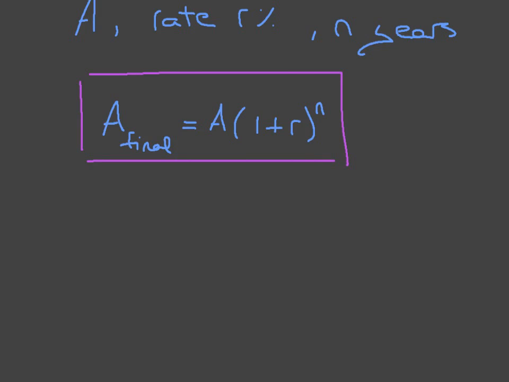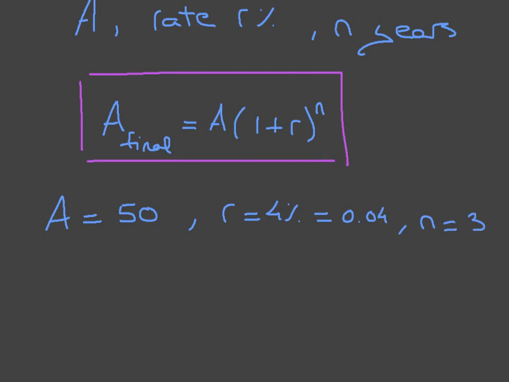We saw that Clara invested $50, so our initial amount A would be equal to 50. We were told that the interest rate was 4%, so R is equal to 4%, which we should write as a decimal, 0.04. And she invests this for 3 years, so n is equal to 3.